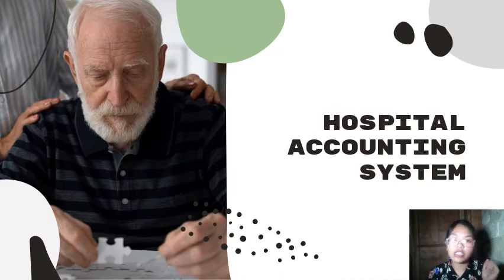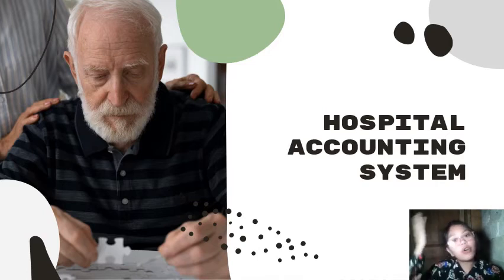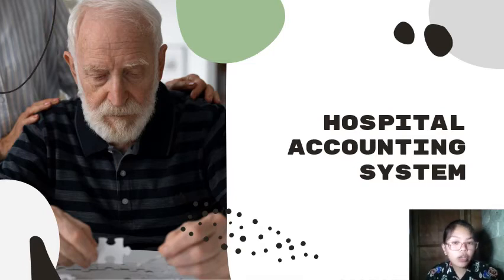Hospital accounting system. So this starts when a receptionist greets patients when they first arrive at the hospital. If the patient has an appointment, he or she is simply directed to the doctor's chamber. If the patient does not have an appointment, they are either requested to wait in a waiting area until the doctor becomes available or given an appointment.